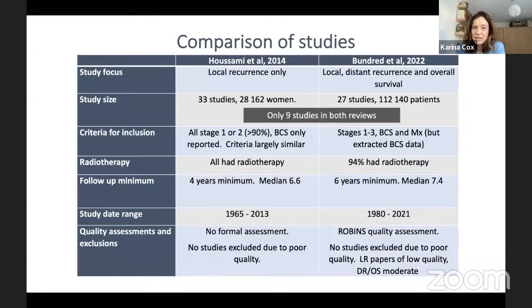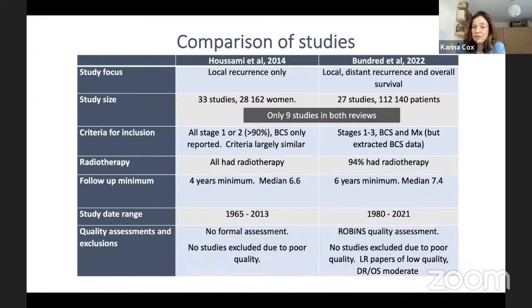The Husseini group were all stage 1 or 2 mostly, breast conserving surgery only, whereas in the Bundred review they were potentially more advanced tumours, going from stages 1 to 3. All had radiotherapy in the Husseini review, but only 94% had radiotherapy in the Bundred review. Follow-up was pretty similar, 4 years for Husseini and 6 years for Bundred.